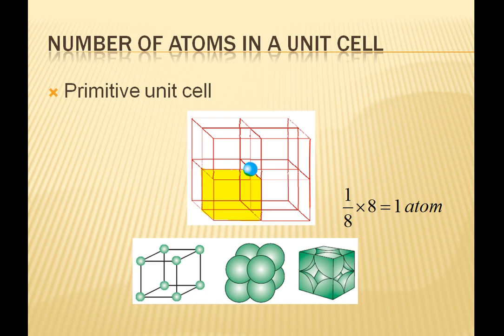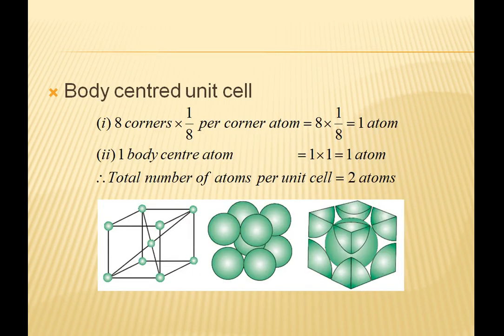Now, we have studied that primitive unit cell has particles on each corner. A cube will have 8 corners. Contribution 1/8 from all 8 corners. So it will be net 1 atom only. Now in a body-centered unit cell, the particles which are present at the corners, their contribution will be calculated as earlier, 8 corners into 1/8 per corner atom.